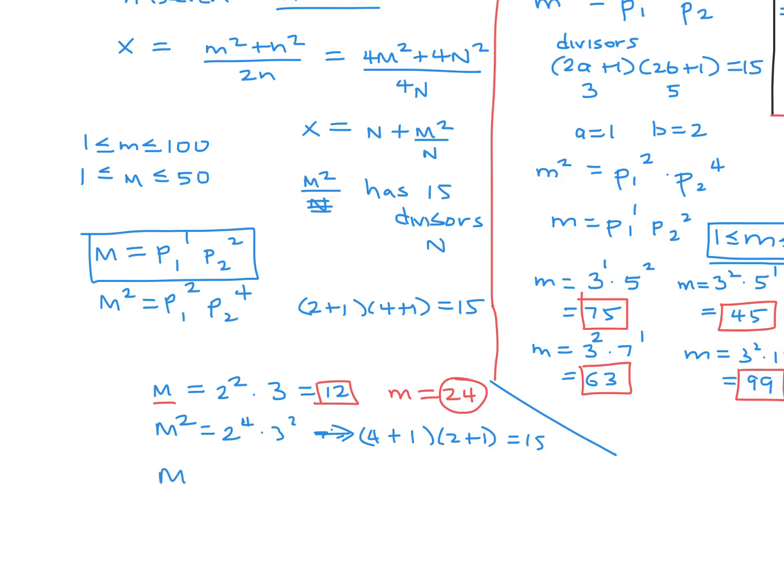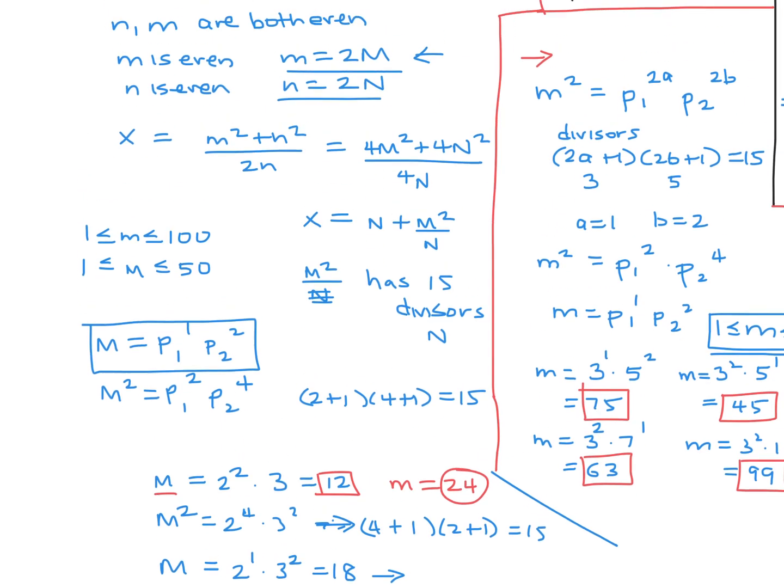Let's do one more. How about if big M was 2 to the power of 1, 3 to the power of 2? That's 18. And let me just see if this checks out. M squared would be 2 to the power of 2, 3 to the power of 4. And the number of divisors would be 2 plus 1 times 4 plus 1, which is again 15. So that works. And therefore that m would be double that, right?